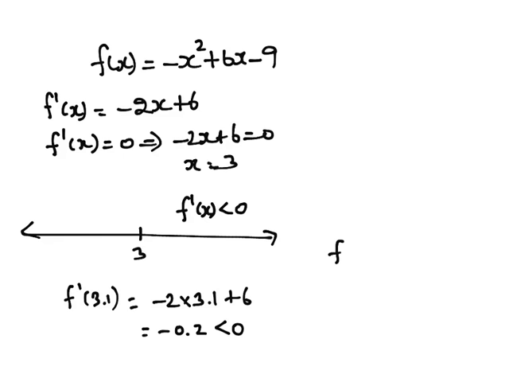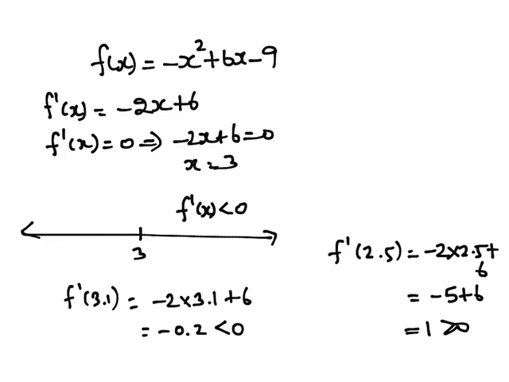So f dash of 2.5 is nothing but minus 2 into 2.5 plus 6. So I'll get minus 5 plus 6, which is 1, which is positive. So here f dash of x will be positive. So if I take any value here and substitute in f dash of x, it will always be positive.